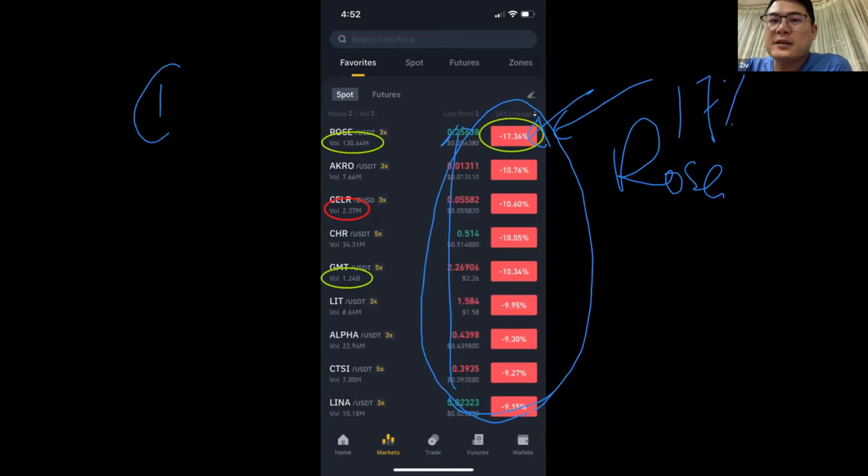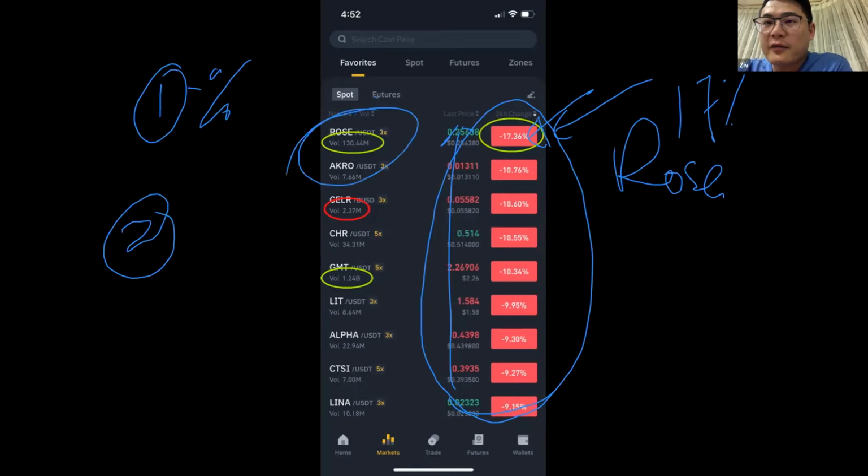So the first thing is the negative percentage, and the second thing, I will check the trading volume. So this is the thing, trading volume. You can see Rose is having 130 million trading volume for the past 24 hours.